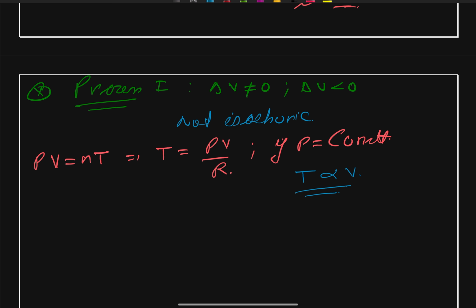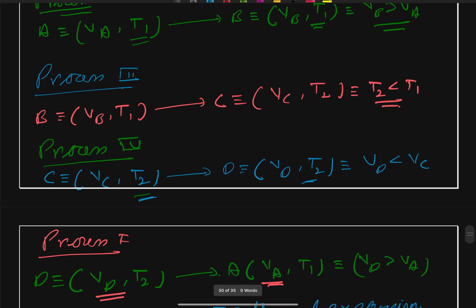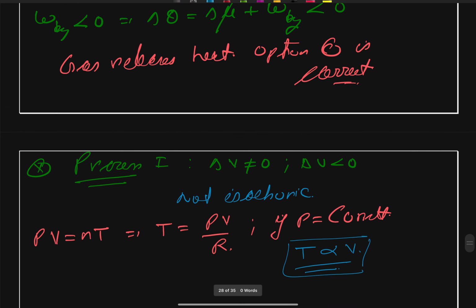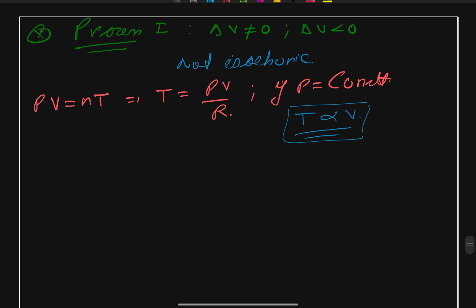But if under this condition temperature is directly proportional to volume, the graph should be a straight line. But for process 1, we can clearly see this graph is not a straight line. So from here we can say that the TV path should be a straight line.